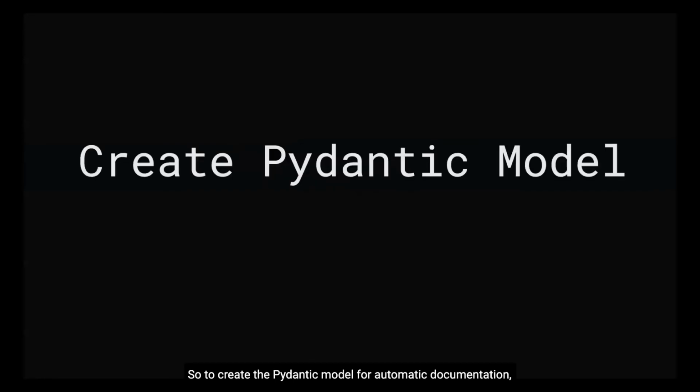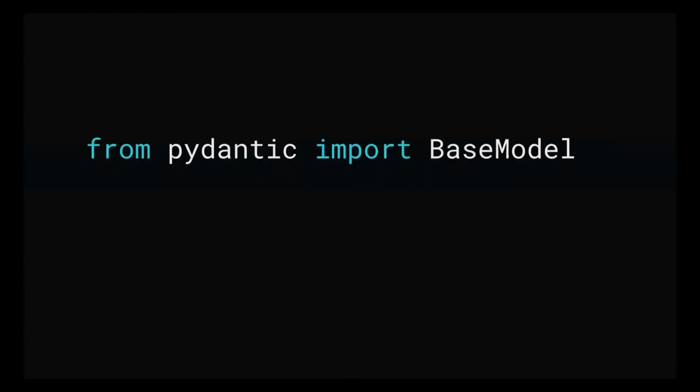So to create the Pydantic model for automatic documentation, you would use Pydantic and you would import the base model from Pydantic. Okay, and then our class will inherit from this base model.